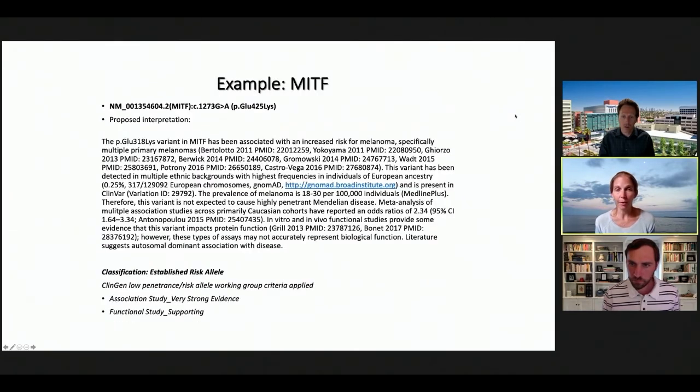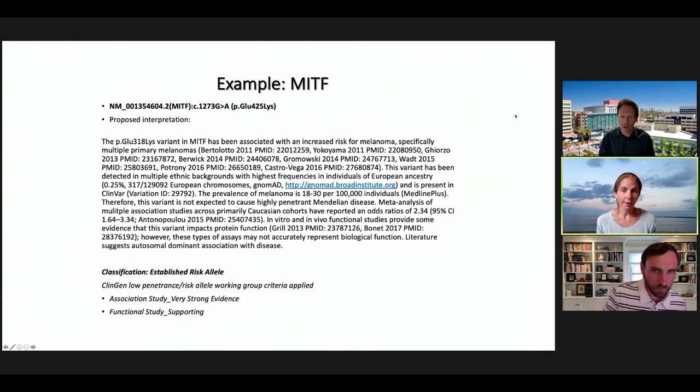And we have one more briefly to go through, but this is, again, as Ryan said, one of these variants that can come up when you're doing something like a hearing loss panel looking for Waardenburg syndrome genes. You'd look at MITF. And then you can find this particular variant that's associated with increased risk for melanoma.